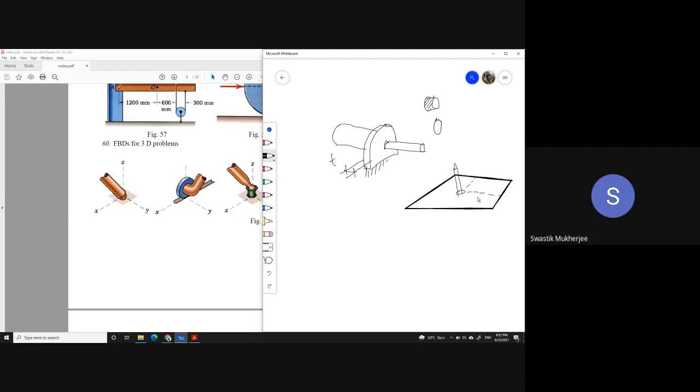Sir, but the paper is flexible. Yes, I understand the paper is flexible, but don't let the paper be distorted. Okay, just make the hole slightly wider, slightly bigger.